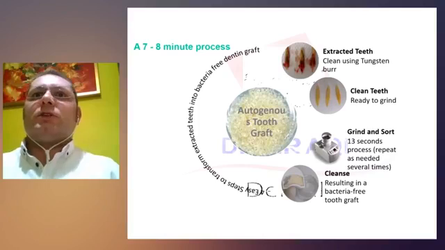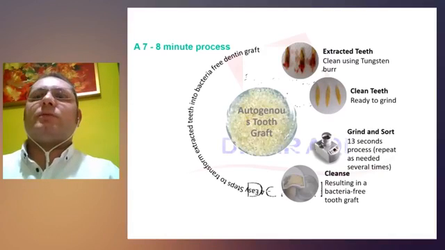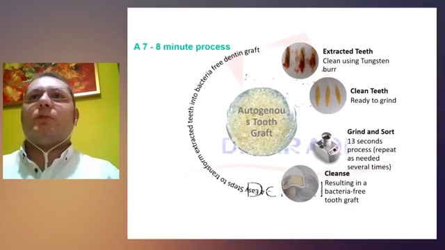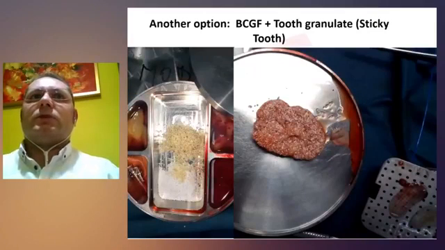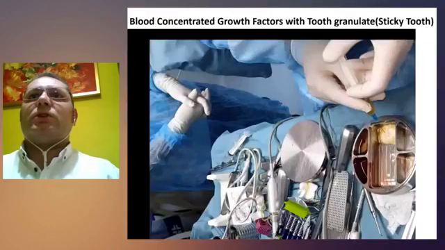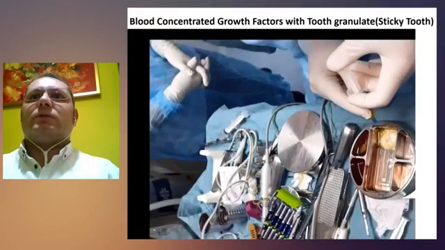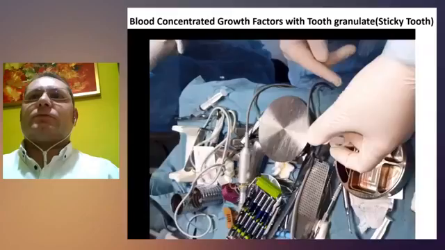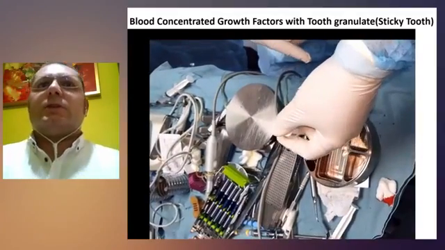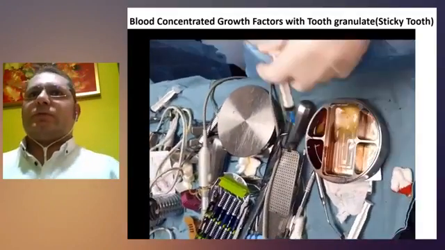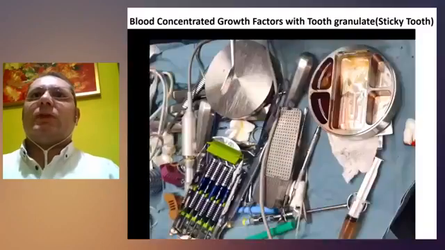And I'm using the Cometa Bio machine, the grinder, which in several minutes can transform teeth into grafting material. Another advanced option is to make sticky tooth, which enhances their properties and makes it much more stable and much more usable.